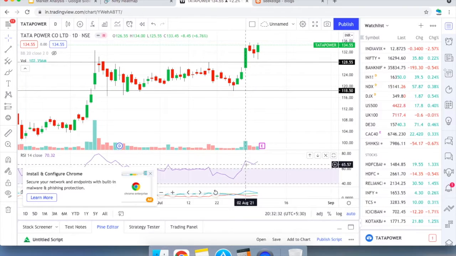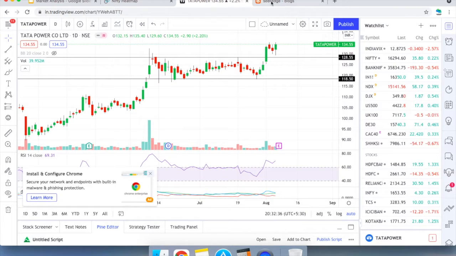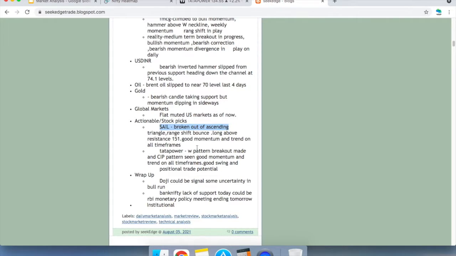There is some slight bearish divergence there, so take it only on a positional basis, not as an intraday trade. So a double bottom breakout is there. On all time frames both are bullish, Steel Authority of India and Tata Power. So that's a pick or actionable for the coming weeks. Probably a swing trade is what would work for that, not an intraday.